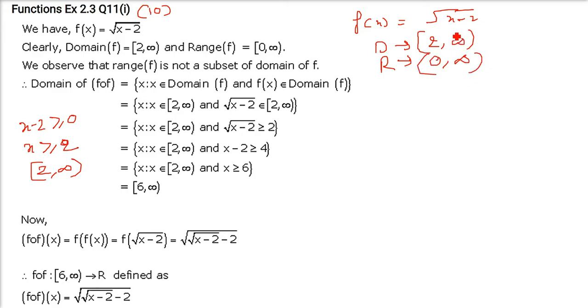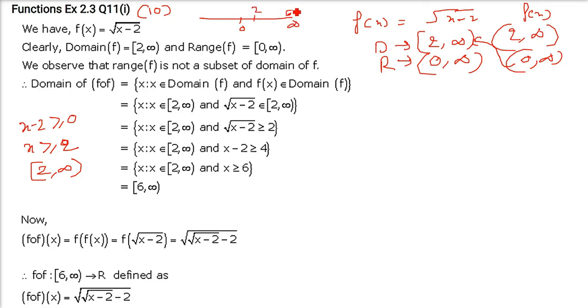When we are going to find out f of f of x, how will the domain and range change? Let me show you. If I write again f of x, 2 to infinity is the domain, and the range is 0 to infinity. So 0 to infinity is not a subset of 2 to infinity. In fact, 2 to infinity is a subset of 0 to infinity.